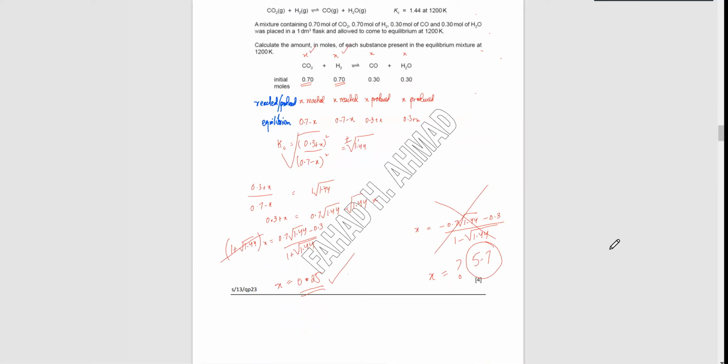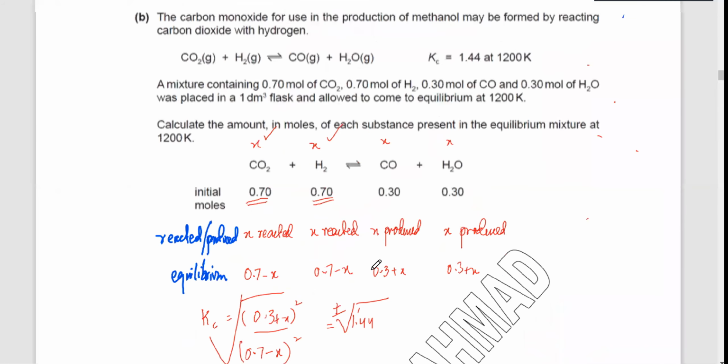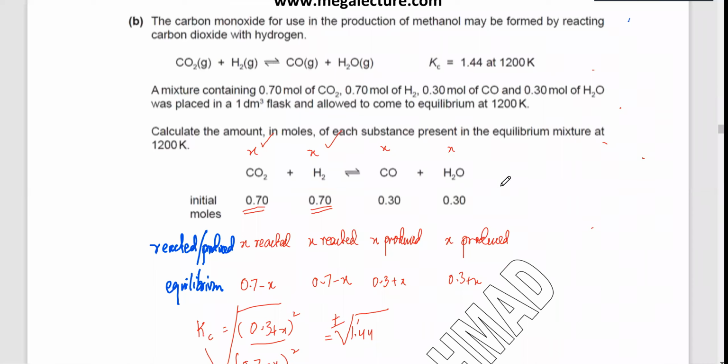I'll just tell you again and repeat what I taught you earlier, that if there's a solid, then its concentration is always taken as 1. It doesn't really matter how many moles it has. The concentration would always be taken as 1. So for example, over here, if any one of them was a solid, forget this 0.3 plus x. I mean, you can do all the working you like.